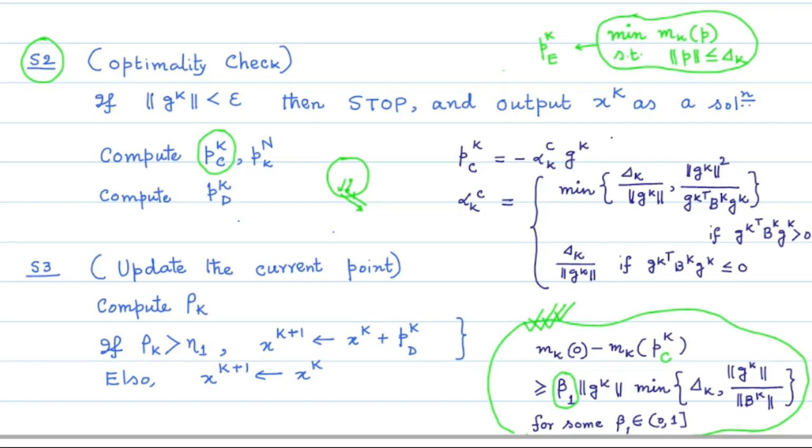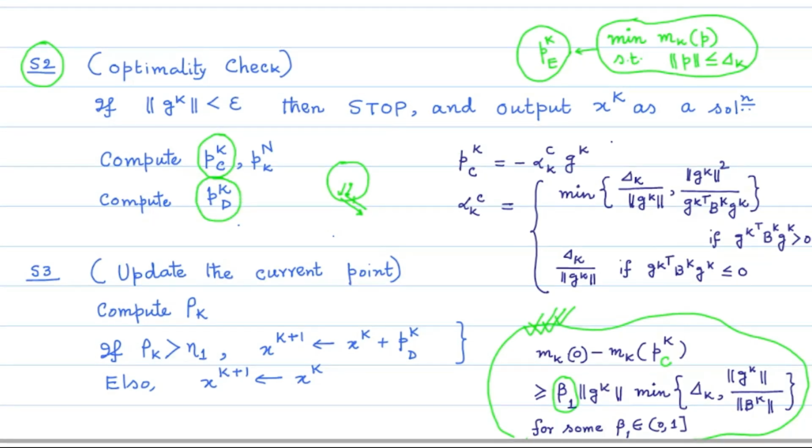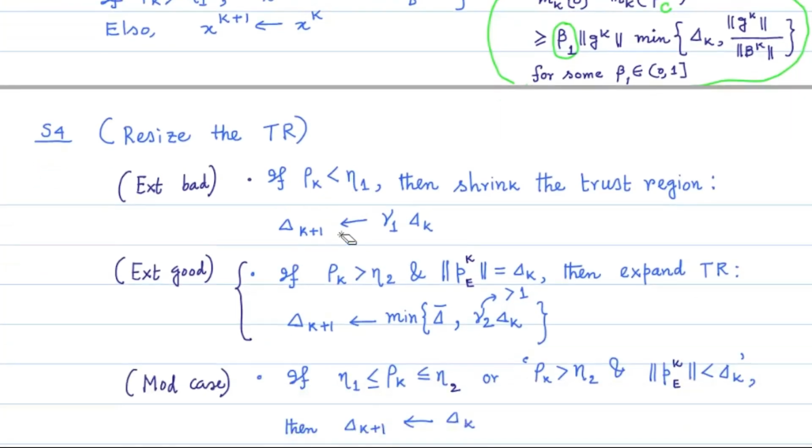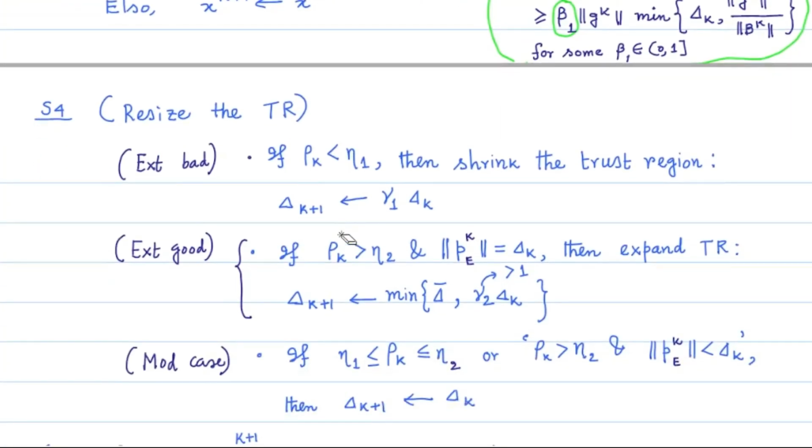And therefore, instead of considering pk, the exact solution of the trust region subproblem, we can employ the dogleg step to be taken here. As dogleg step is always on the boundary of the trust region, we have to revise the step 4 of the general algorithm, where we check whether the trust region step is on the boundary or strictly inside the boundary.